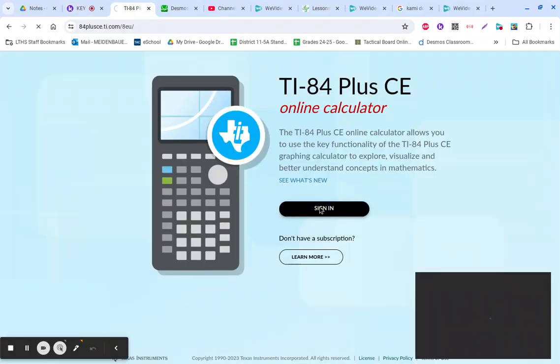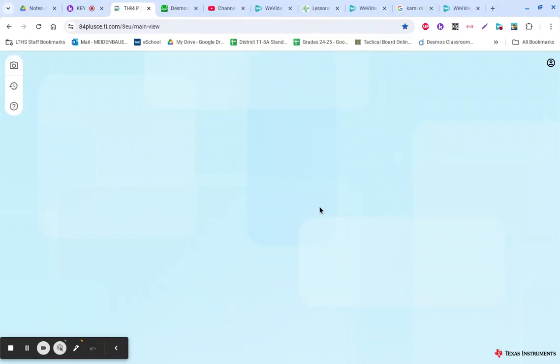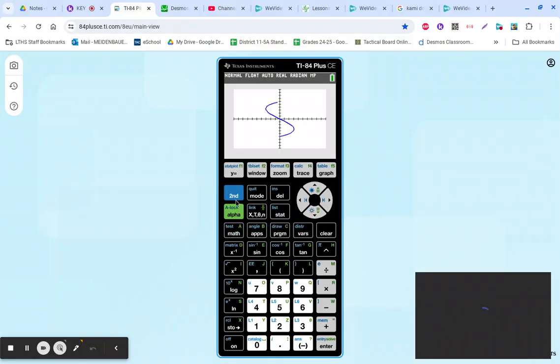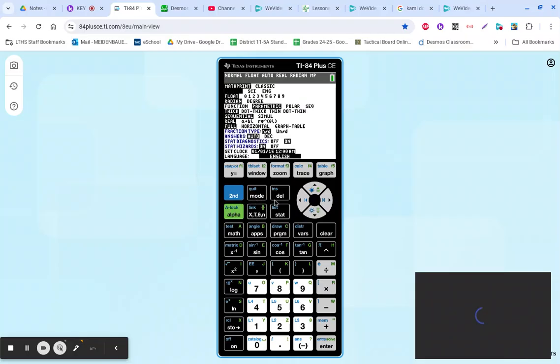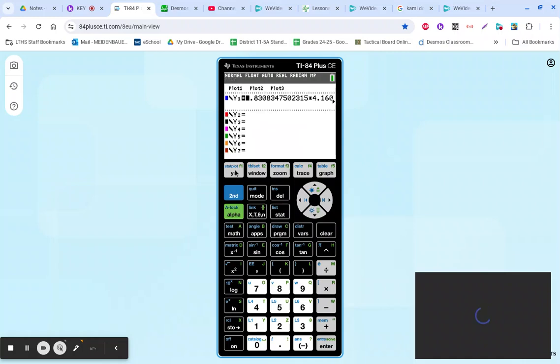There we go. So that's for my parametric videos. I'll just go back to function mode. Okay. So I'm going to do second cosine. I'm going to hit alpha y equals enter, make this into a fraction. And 6 was on top.